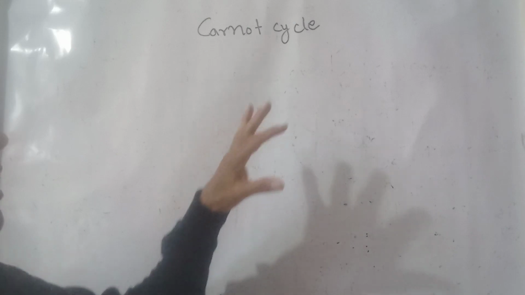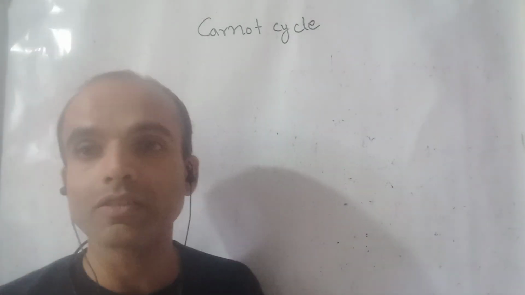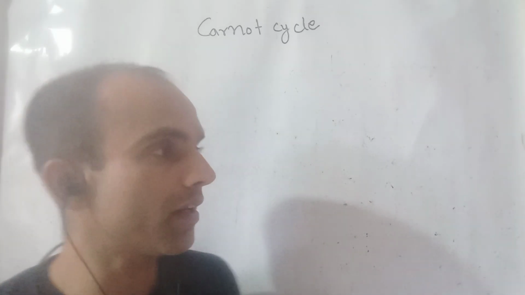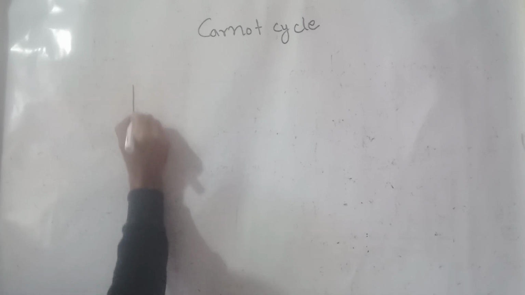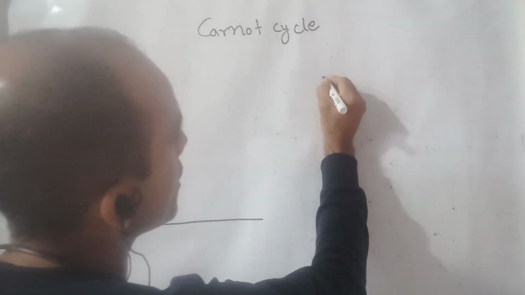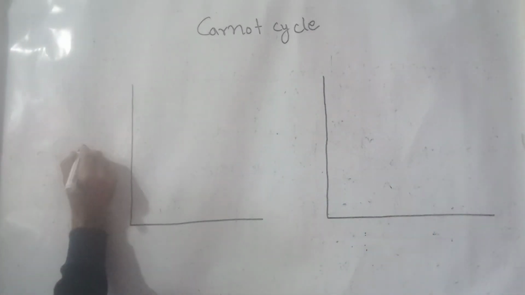So there is a certain special feature with this Carnot cycle. That's why we are saying it is the ideal cycle. So how can we study the Carnot cycle? We study the Carnot cycle with the help of PV and TS diagrams.